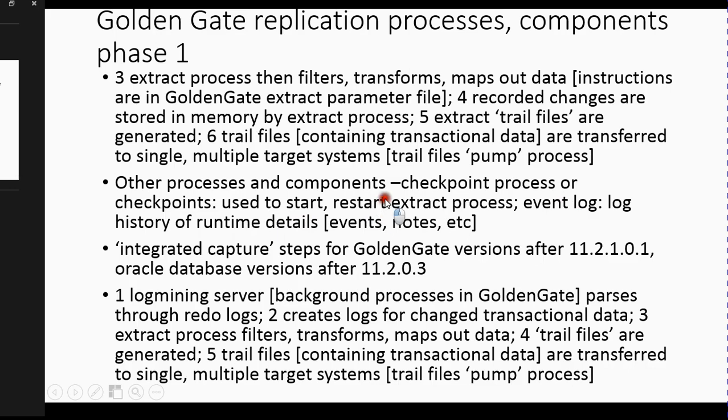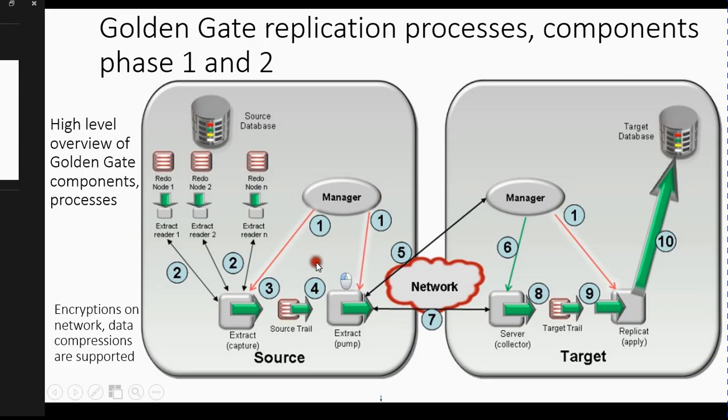If anything happens along the way and you are not able to get the right data, and the extract process fails, the checkpoints are generated when the extract process occurs successfully. So if an extract process fails, it's going to rely on that checkpoint to restart that process and get it to complete next time.